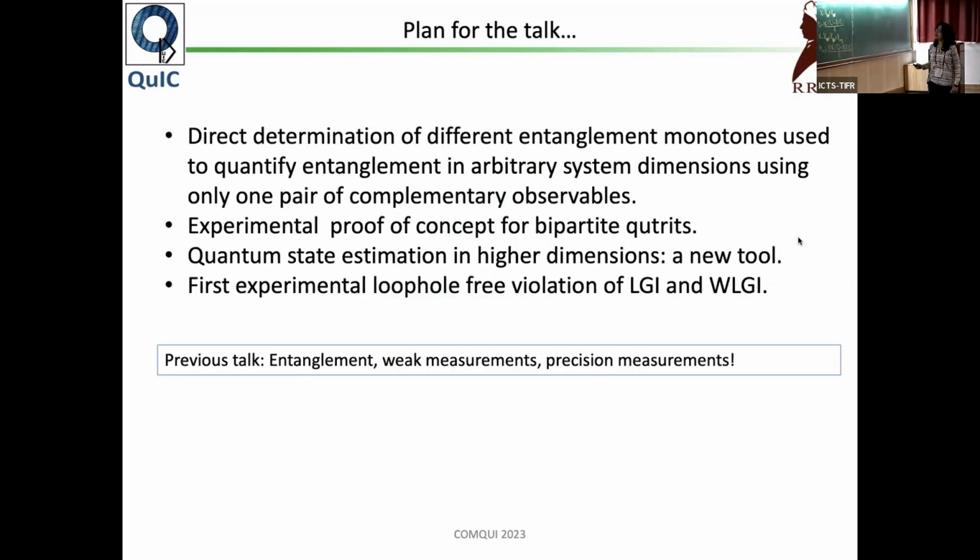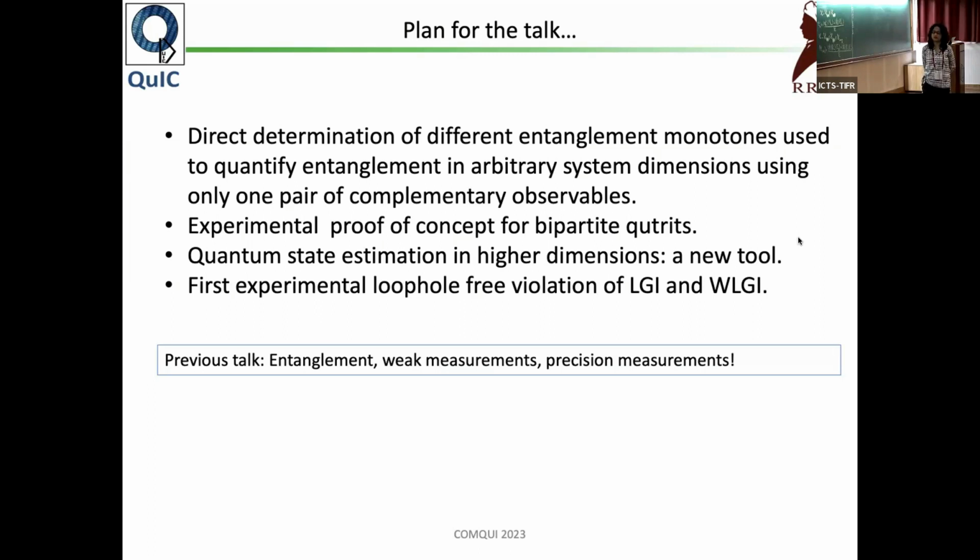But having said that, what I'm going to talk about is 3 different experiments, just to give you a flavor in the 25-minute period. First is a direct determination of different entanglement monotones, which is used to quantify entanglement in arbitrary dimensional systems, okay? And I'll show you an experiment where we have done this. Then go on to a new quantum state estimation tool, which is going to rival quantum state tomography.